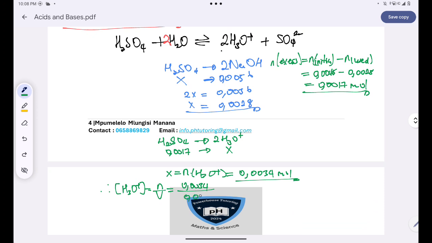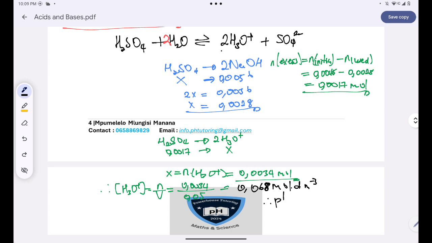That's 0.05. So 0.0034 divided by 0.05. My concentration will be equal to 0.068 mole per cubic decimeter.